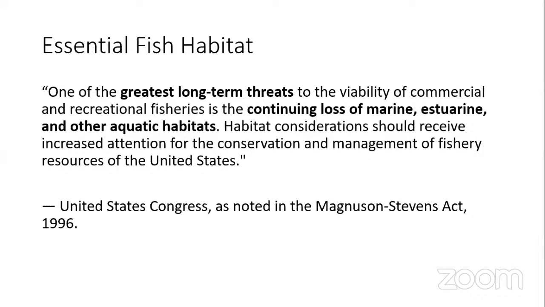The US has been ahead of us in terms of the recovery of fish stocks for a while, and the protection of essential fish habitat has been a core part of their fisheries management plans since this act came in, because they recognise that one of the greatest long-term threats to fisheries is the loss of habitat.